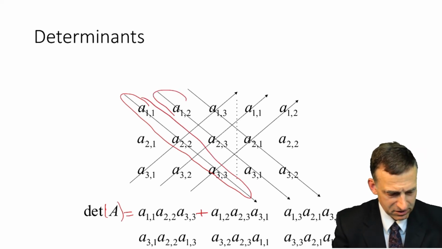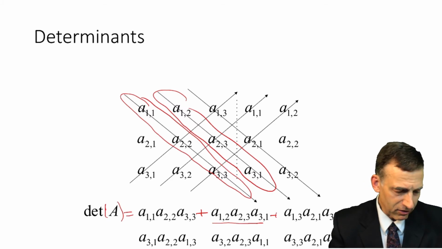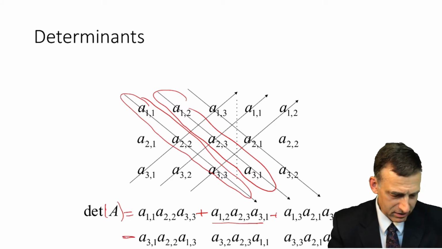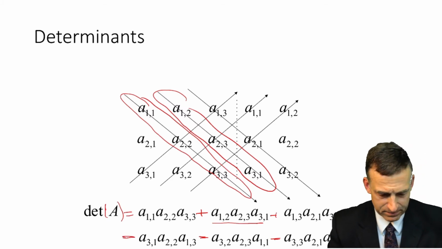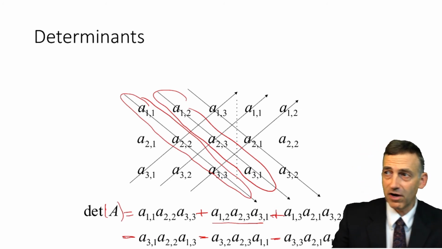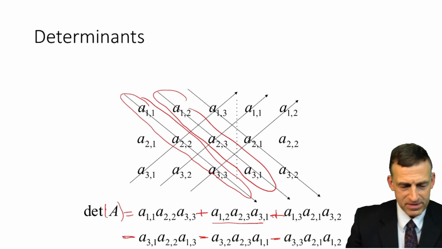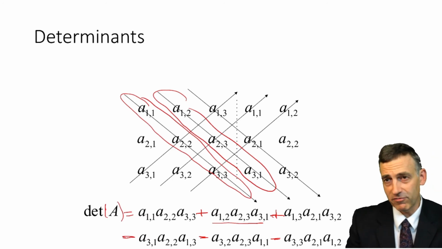Here's another down diagonal, and so on. Make those positive, and then all the up diagonals, we're going to make them negative. So you add together all the down diagonals, subtract off all the up diagonals, and if I get out of the way, you can see the whole thing. That will give you the determinant of the matrix.